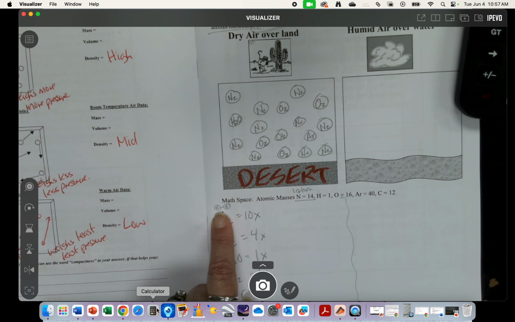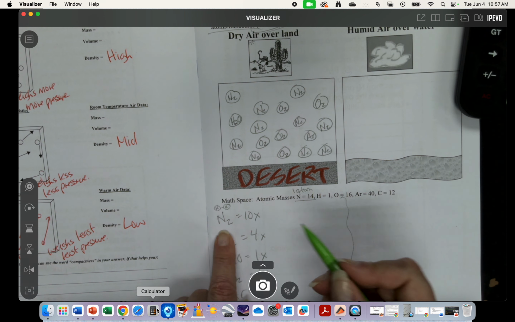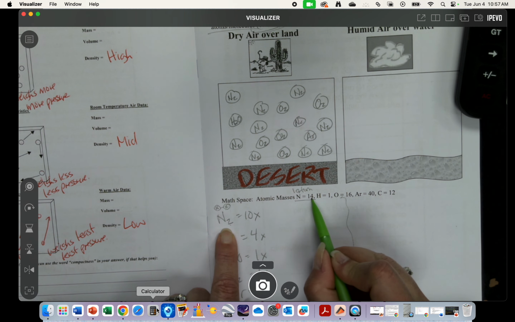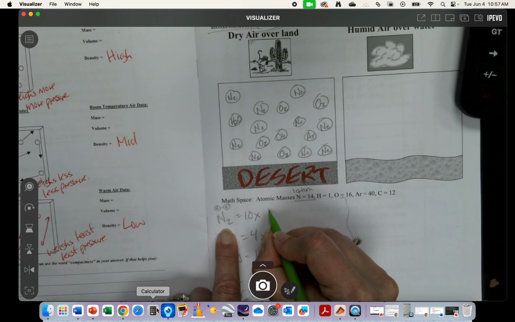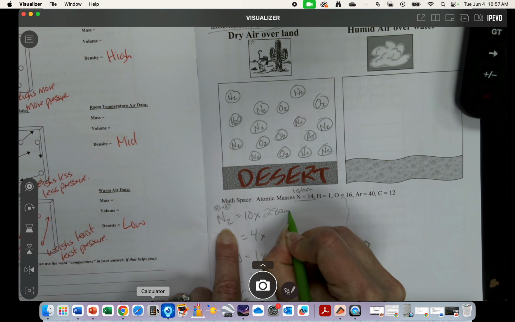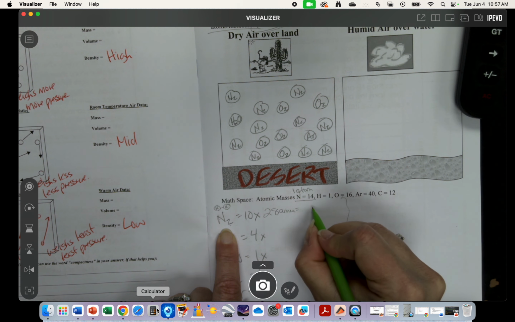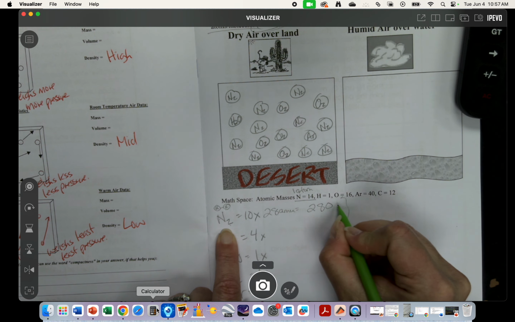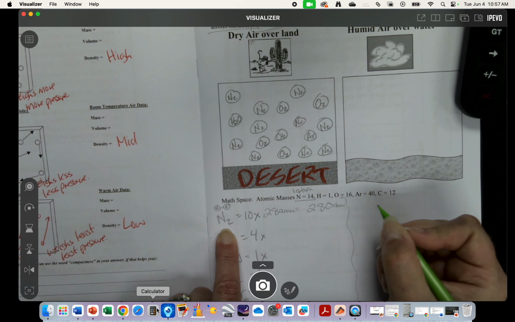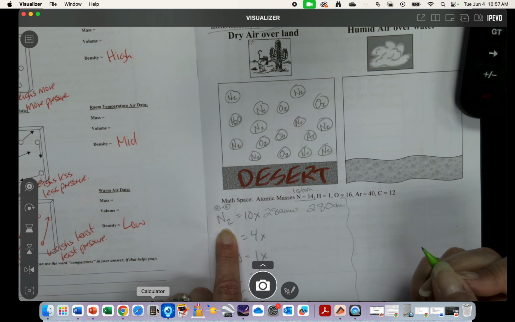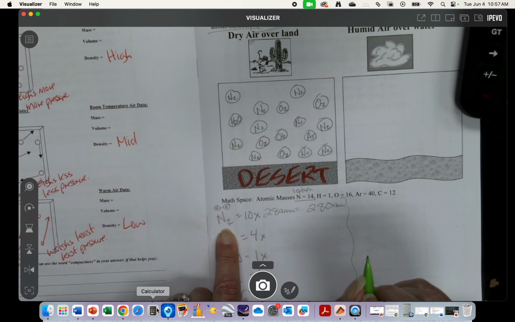It's like a barbell of nitrogen. So N2 doesn't weigh 14. What does N2 weigh? 28. You got it. So we're doing 10 times 28 AMU, which is atomic mass unit. So what does all that nitrogen weigh? 280 AMU. Is that okay? Do you want me to explain that again? Yes, no? We're going to do it again, so it should make sense in a second.